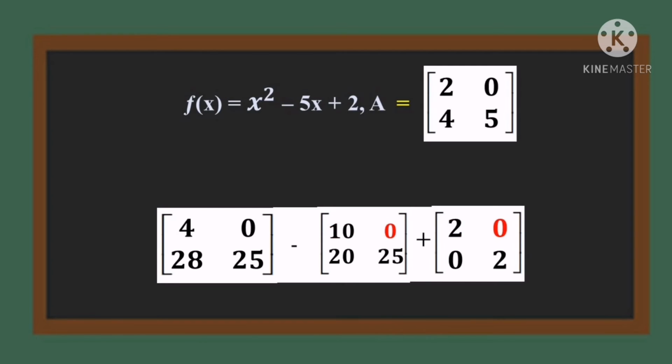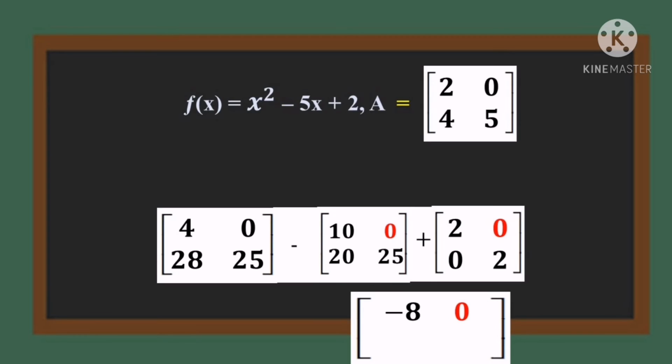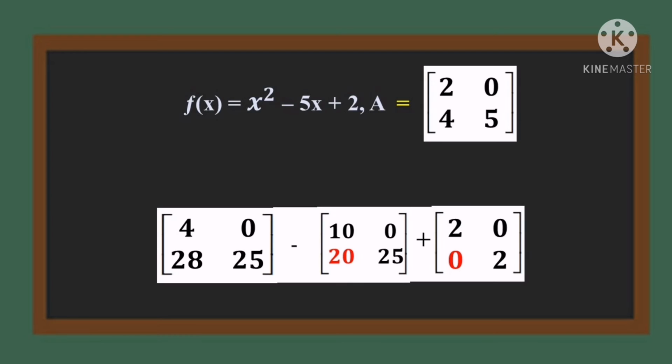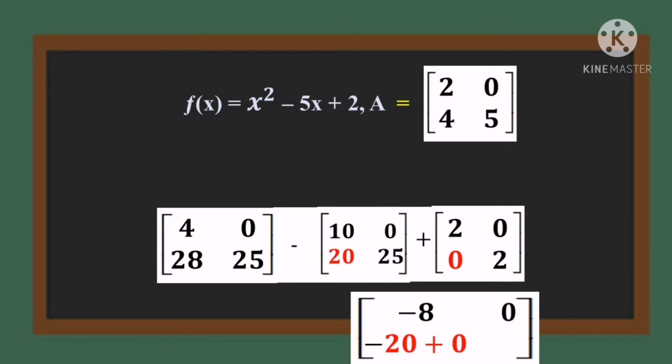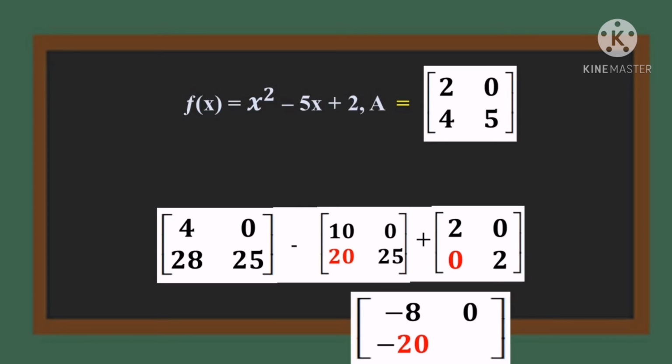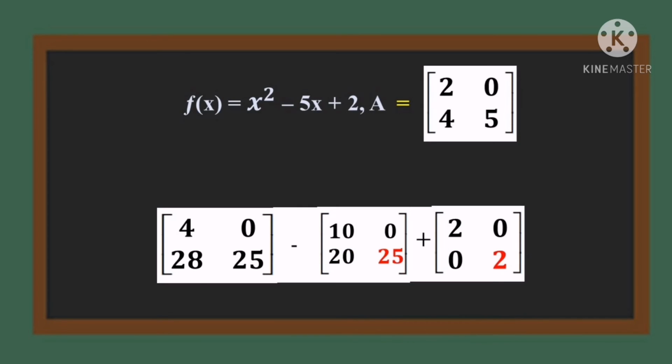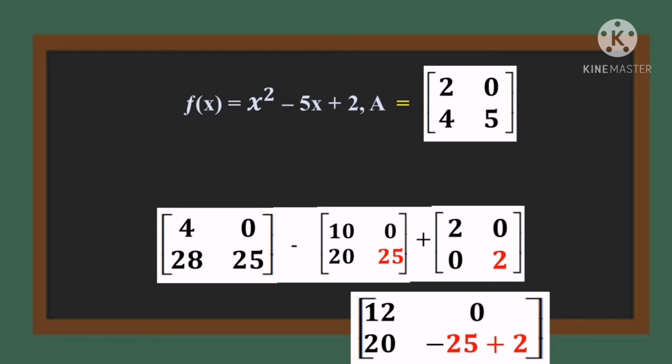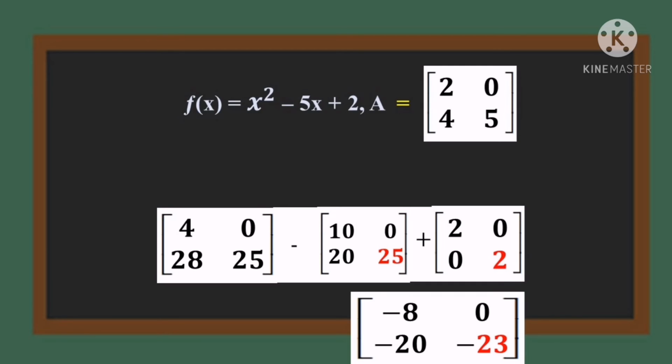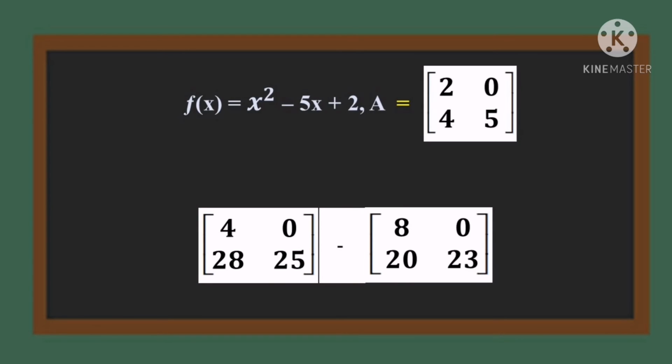And 0 plus 0 is equal to 0. Next, we get the numbers in row 2. We have negative 20 plus 0 is equal to negative 20, and we have negative 25 plus 2 and we get negative 23. So now, we have a new matrix negative 8, 0, negative 20, and negative 23.